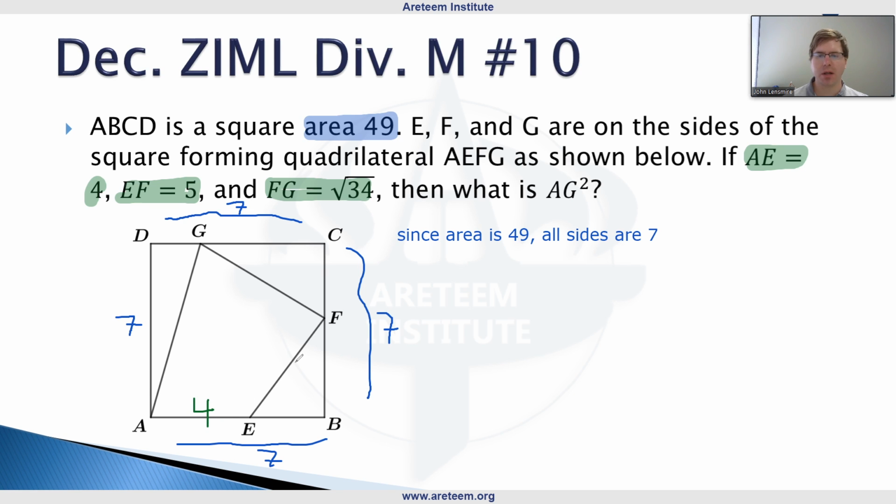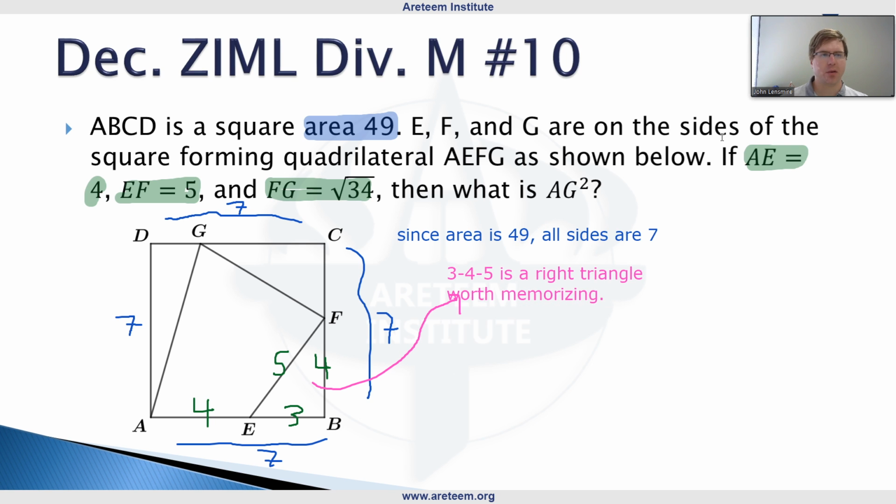So we have 4 here, we have 5. 4 plus 3 is 7. So this is 3. And then, right, this side has to be 4. This is definitely one of these right triangles that is worth memorizing, right? So 3, 4, 5 is a right triangle worth memorizing.